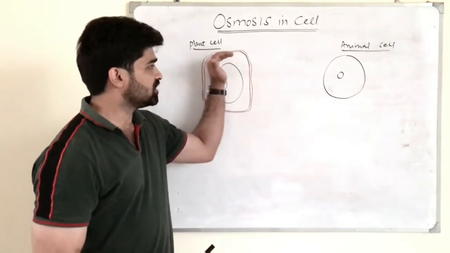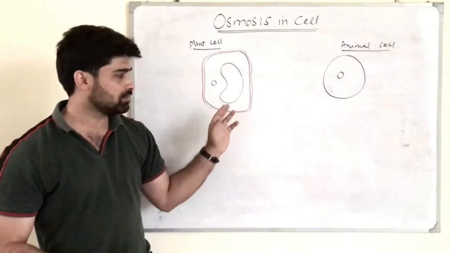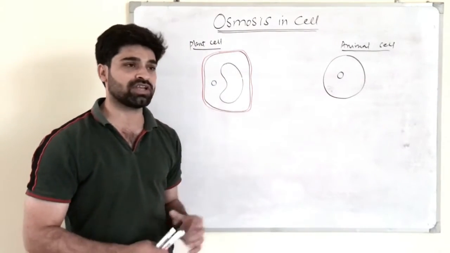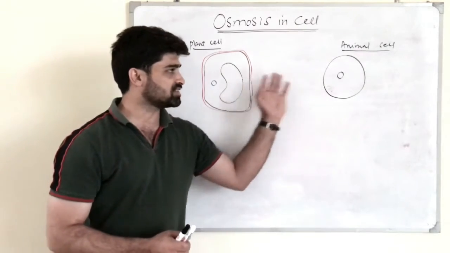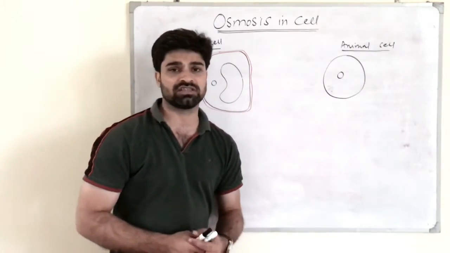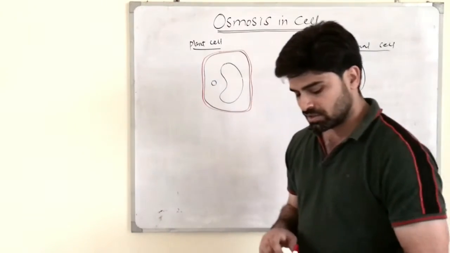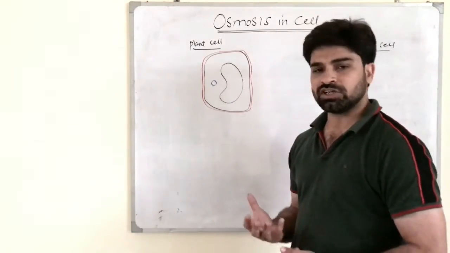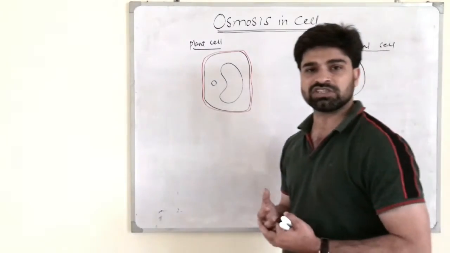Although plants have a cell wall around them, they also have a cell membrane inside that cell wall. So plant and animal cells respond differently in different conditions. But first of all, we are going to discuss osmosis in the animal cells.